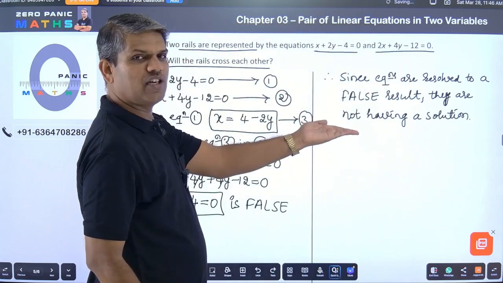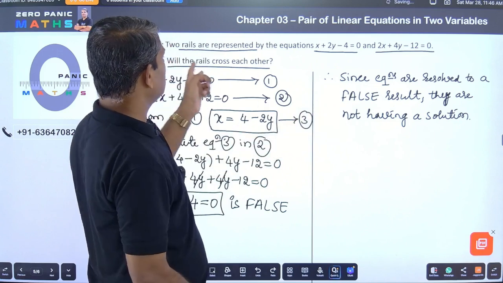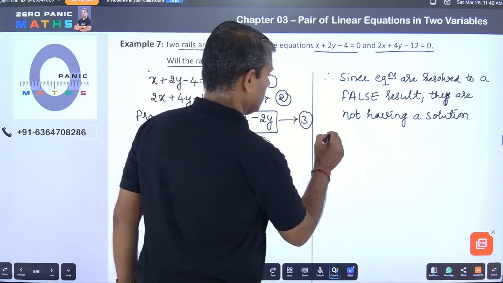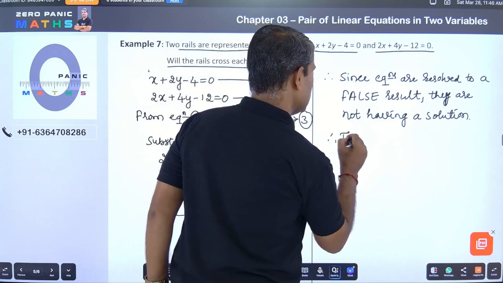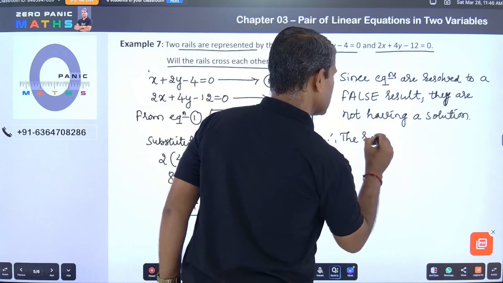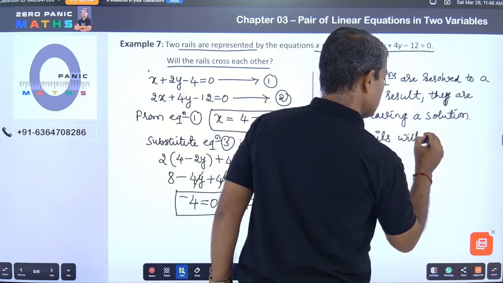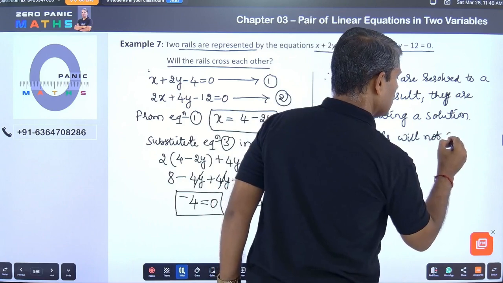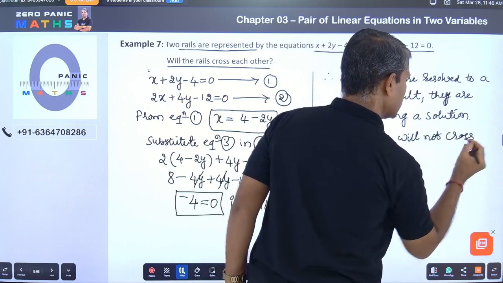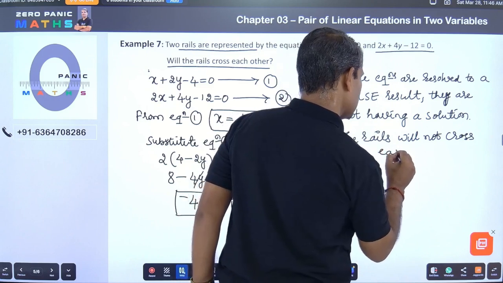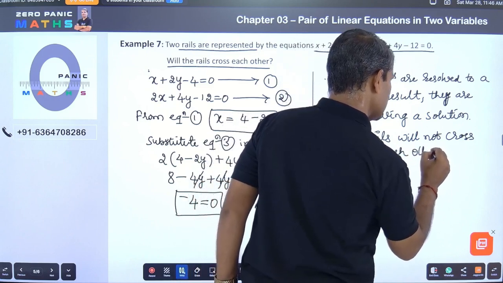There is no solution at all. Okay, so if there is no solution, this is not going to happen. Therefore, the rails will not cross each other. That is what the result is.